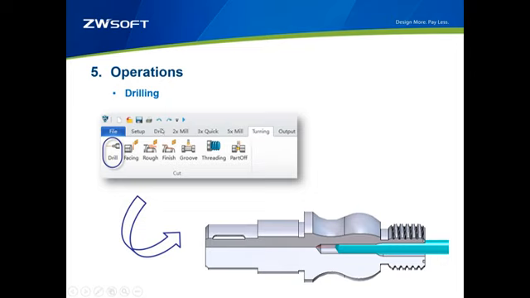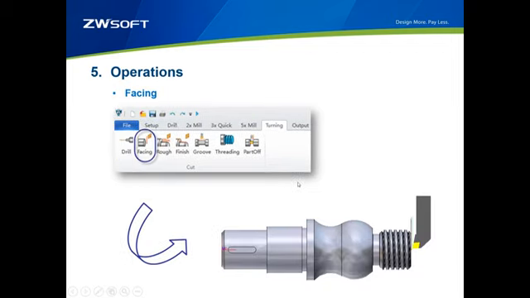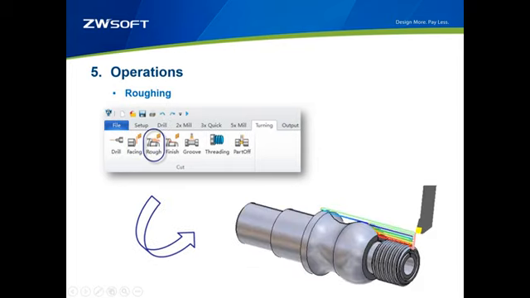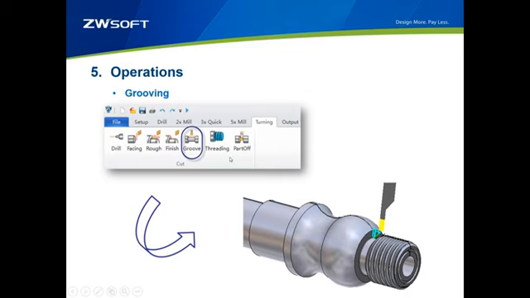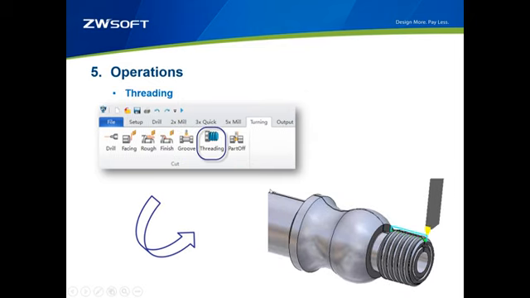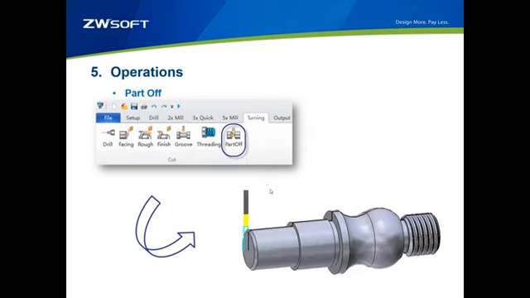This drill is for milling. Okay, the facing operation is to cut the facing, and the roughing operation, and this is the finish operation, and the grooving operation, and the thread operation.